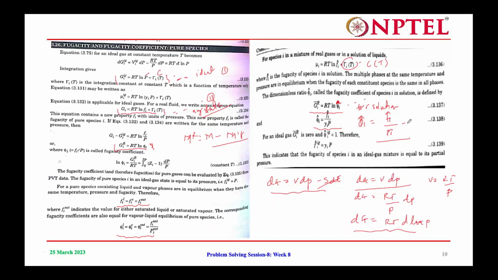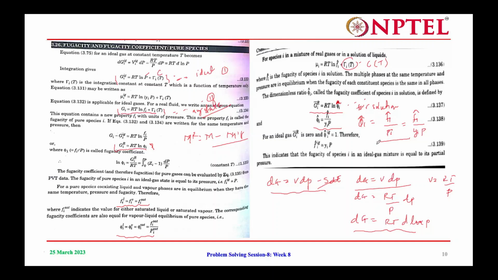So the partial pressure equals mole fraction times total pressure, right? And for ideal conditions, the fugacity coefficient equals 1, right?